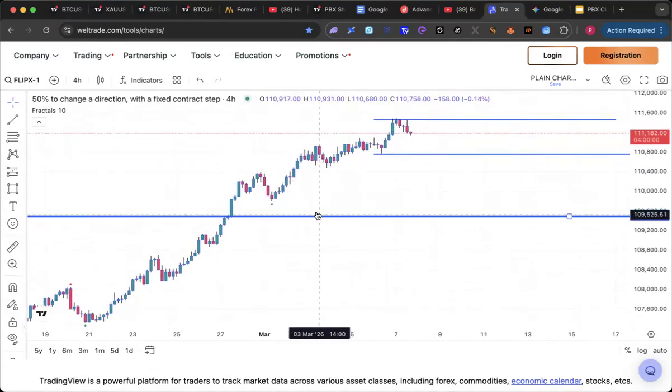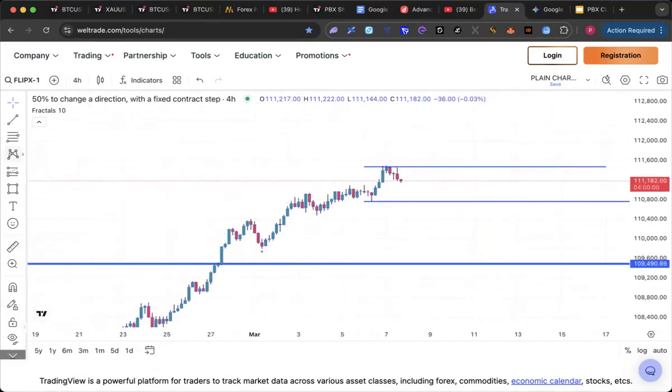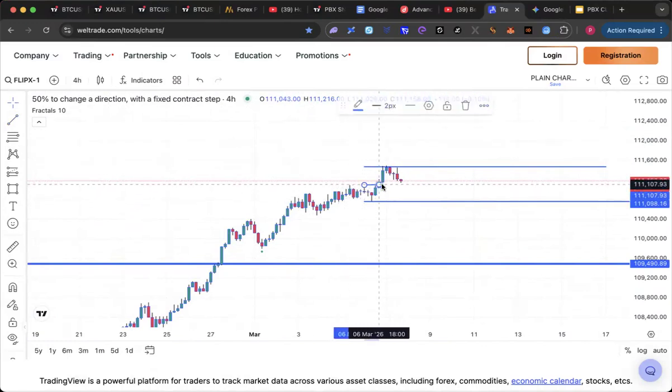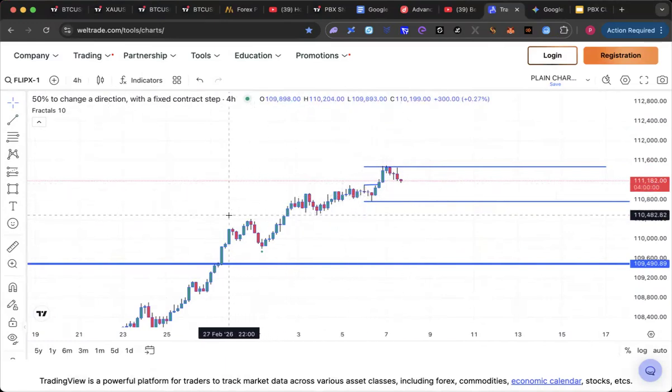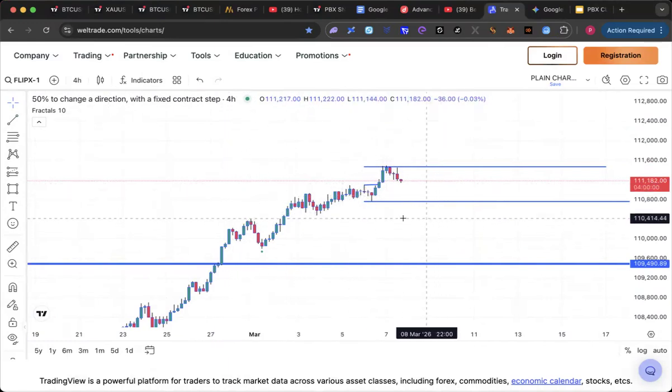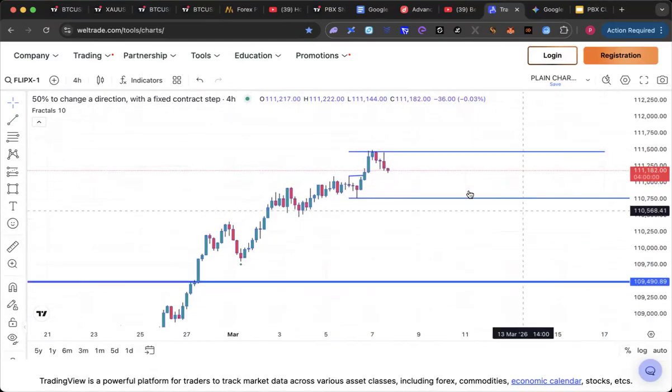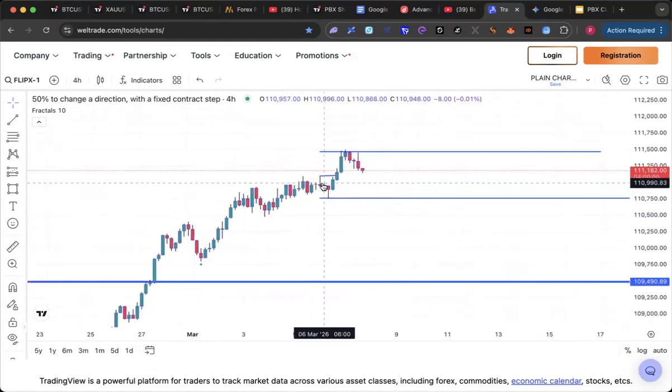Based on structure, let's look at recent structure. The recent structure break should be somewhere here. Let's take this one. Then you have a structure break here. So the recent structure break is over there.